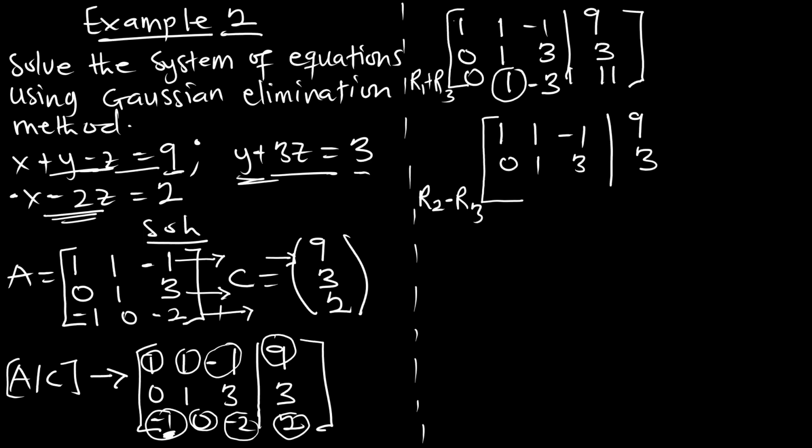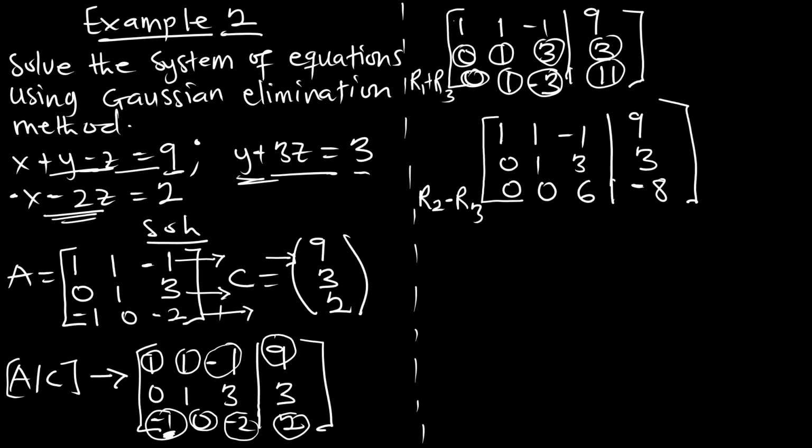So row 2 minus row 3: 1 minus 1 is 0, 0 minus 0, so we have our 0. The 1 minus 1 is also 0. 3 minus negative 3 is going to give me positive 6. And 3 minus 11 is negative 8 for that.